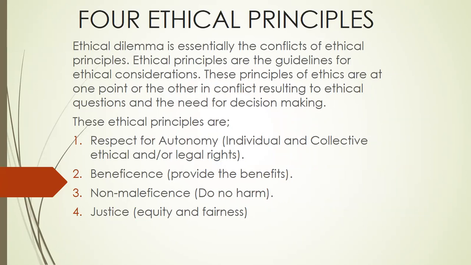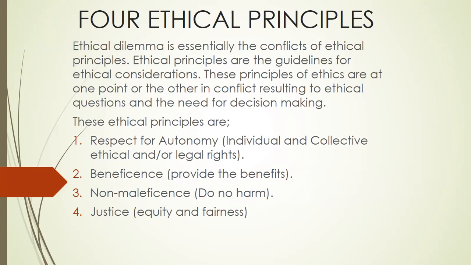There are 4 principles of ethics that need to be considered before discussing ethical dilemma, because ethical dilemma is essentially the conflict of ethical principles. Ethical principles are nothing but guidelines for ethical considerations. These principles of ethics are at one point or the other in conflict, resulting in ethical questions and the need for decision-making.